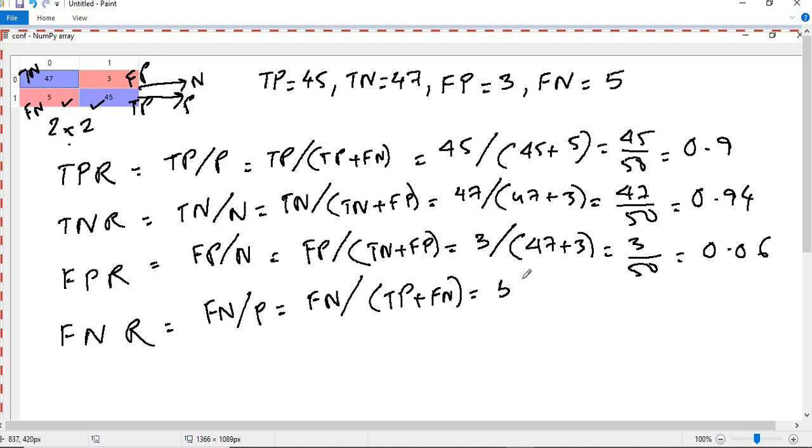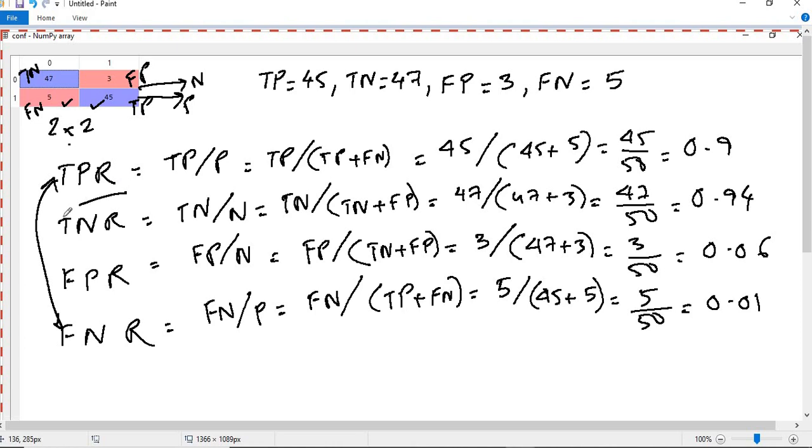False negative is 5, divided by true positive 45 plus false negative 5. So this will be 5 by 50, which is equal to 0.1. If you want to see, there is a relationship between true positive rate and false negative rate: if you add these two, it will become 1.